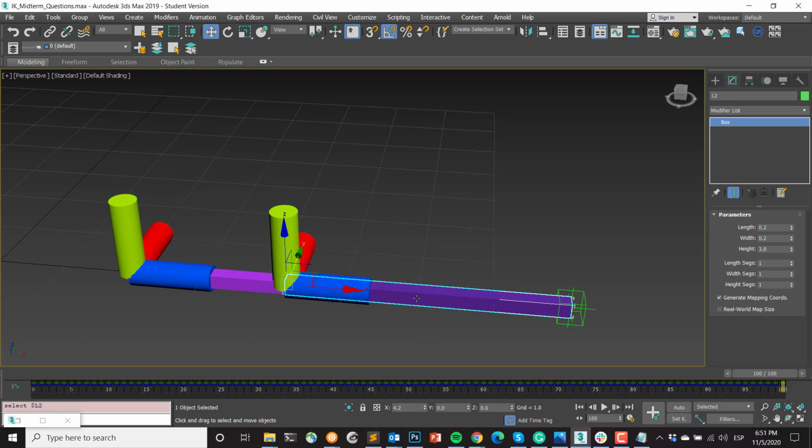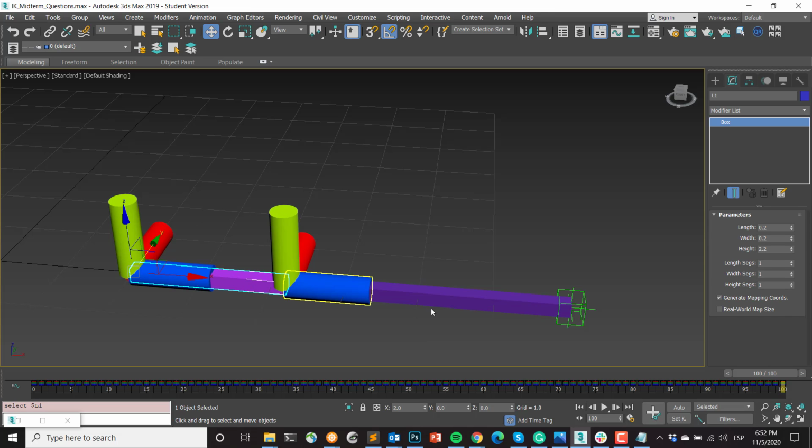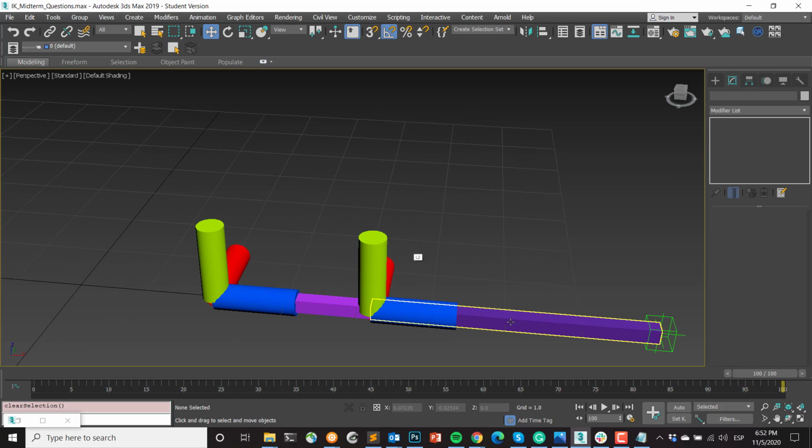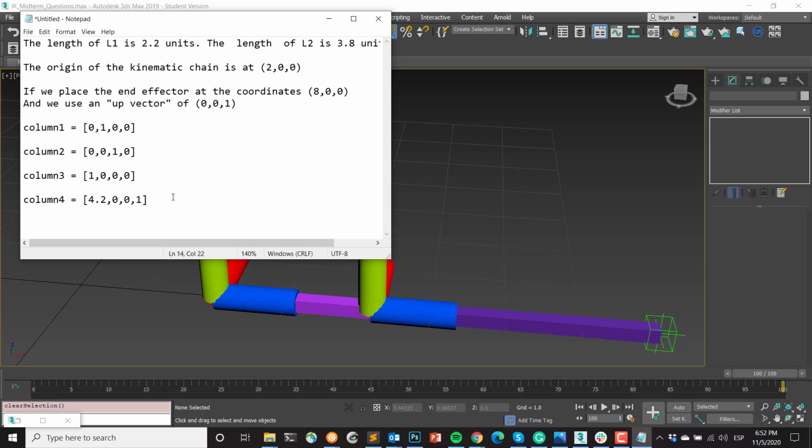So despite the fact that this represents a mechanical system that implies that L2 is connected to L1, the way we are actually computing everything is with the local axes, but in world coordinates. So we were not assuming that we have a hierarchy of transformations and multiplying by the previous matrix. So if you were solving these questions exactly as in the video, this should be the answer.